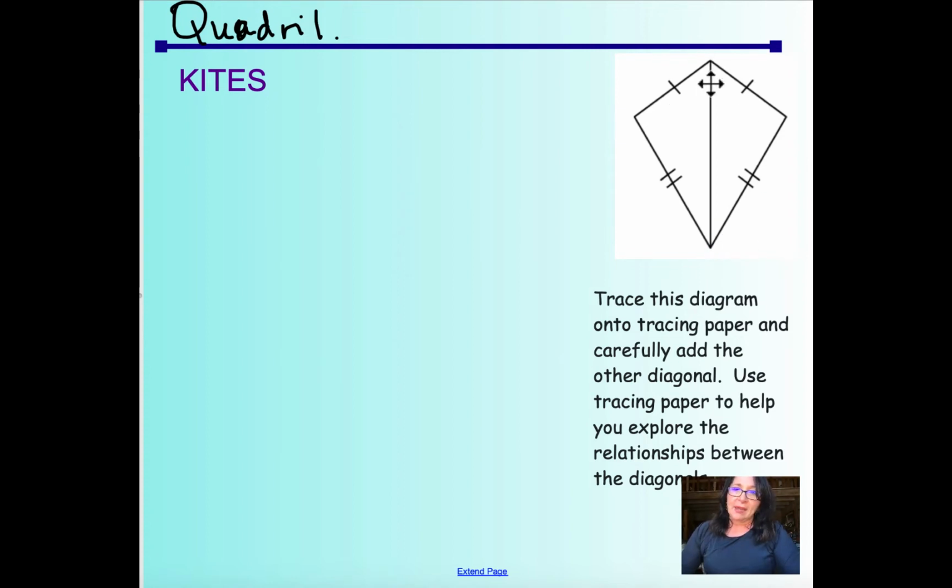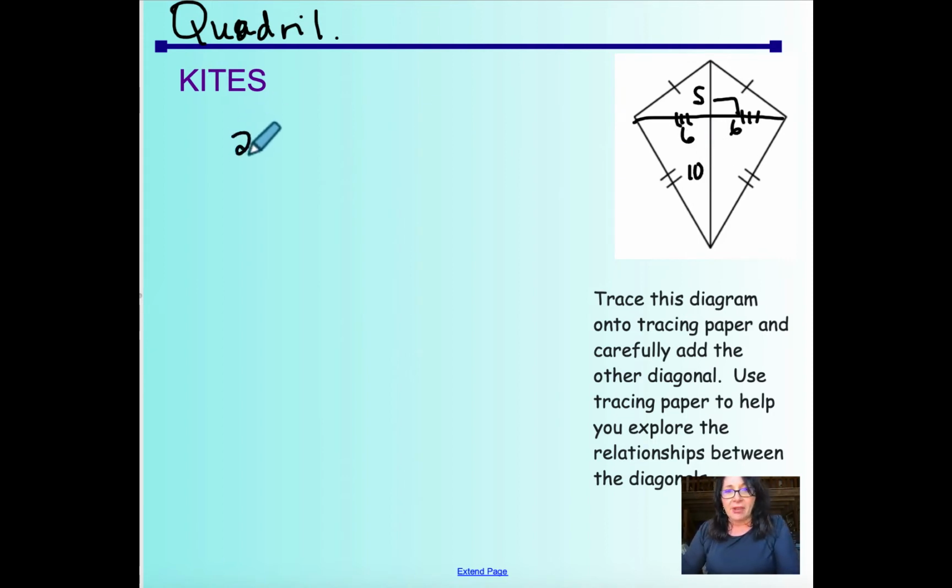So a kite, number 1, does have 2 congruent sides. It does have diagonals that are perpendicular, but the diagonals do not bisect each other. Only this diagonal bisects this one. See how they're equal on both sides here, but not on the other. So that might be 5, that might be 10, but these could both be, let's say, 6.